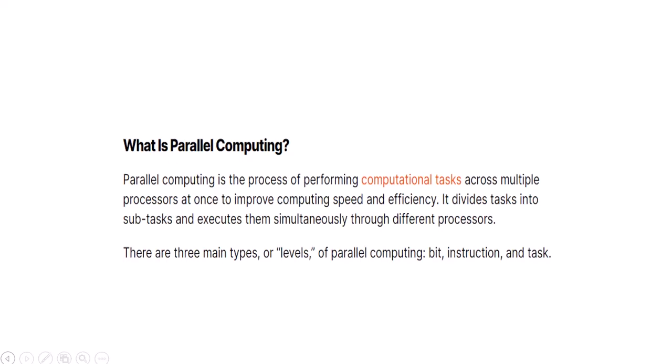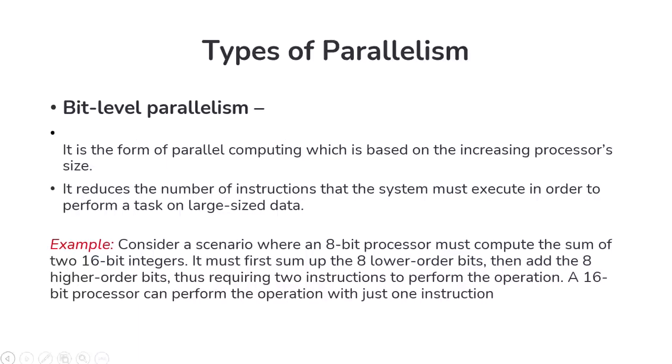There are three main types or levels of parallel computing: bit, instruction, and task level. First, bit level parallelism. It is a form of parallel computing based on increasing the processor size.